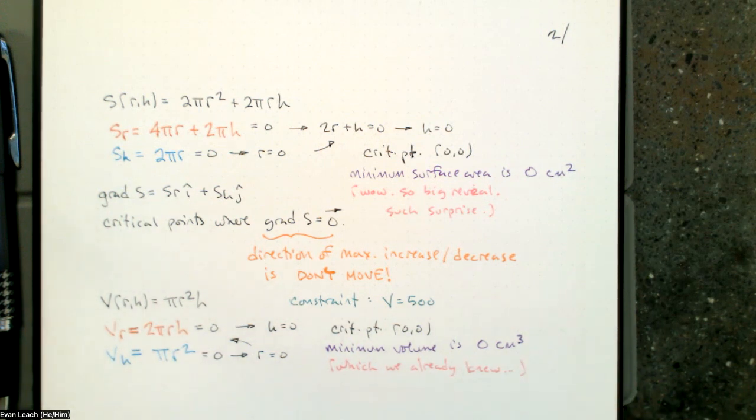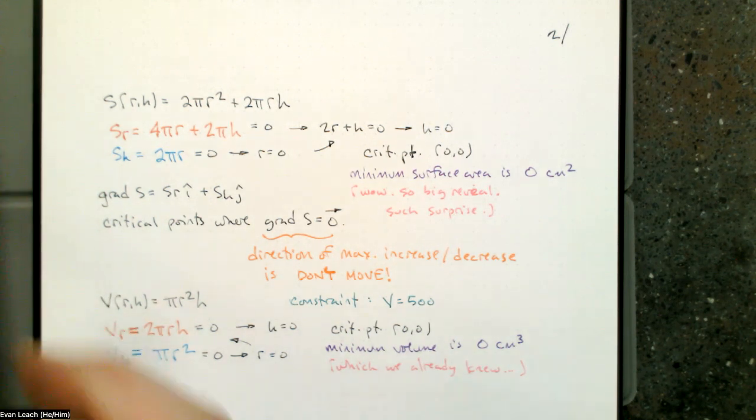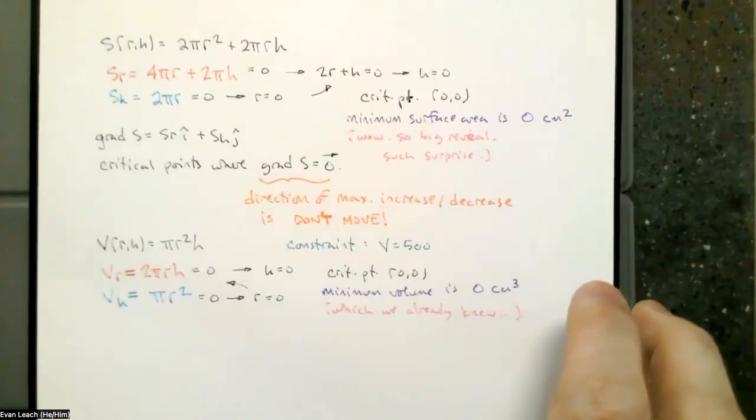But that isn't the question. We want to minimize our surface area subject to some fixed constraint. I also brought the concept of the gradient up. So let's write down the gradient of our volume function.